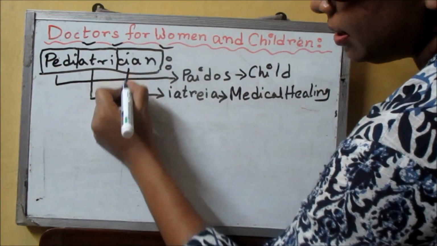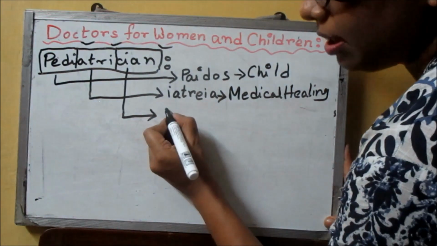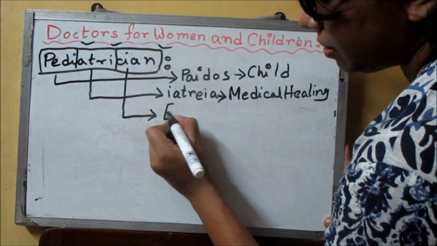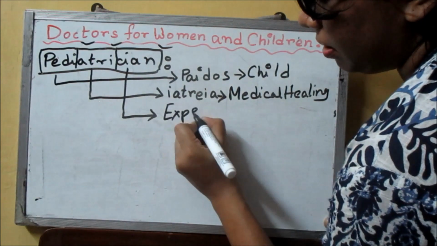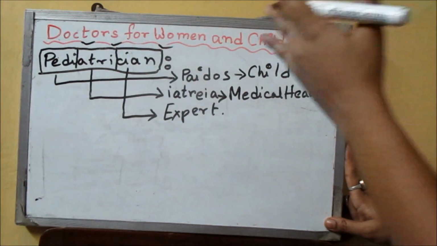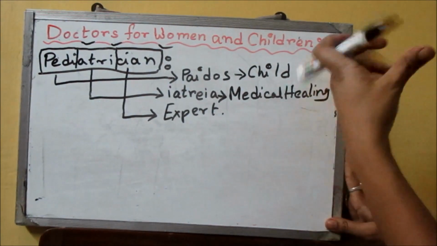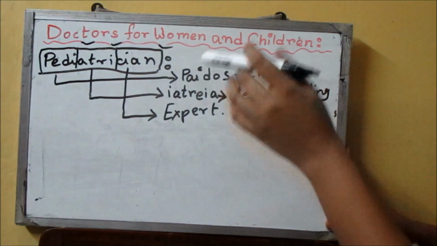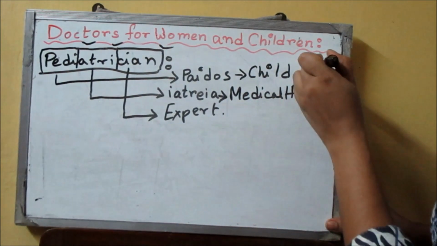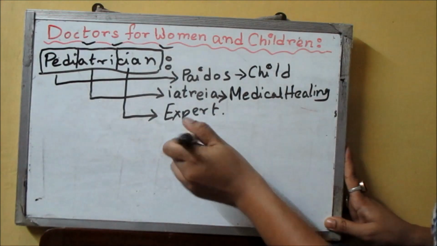And ician we have already seen as a suffix before in that list. It means an expert. So the word pediatrician can easily be summarized as child medical healing expert, a doctor.